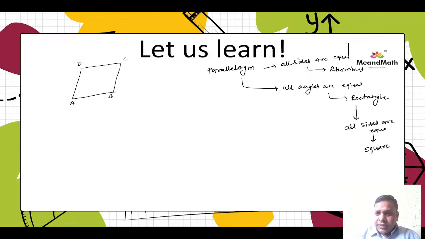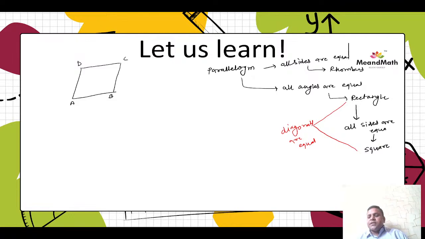So in a rectangle and in a square, diagonals are equal. ये कुछ properties हैं, you have to know about it. Okay.